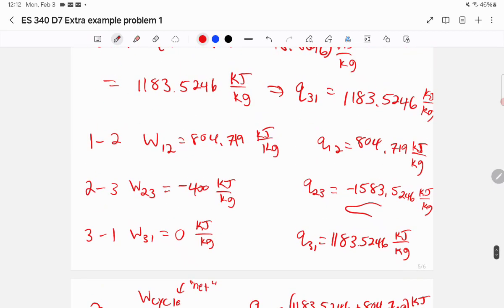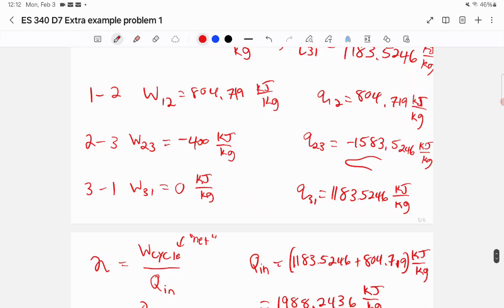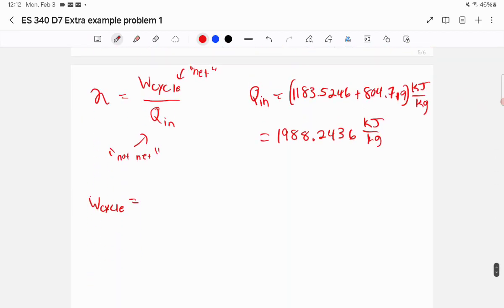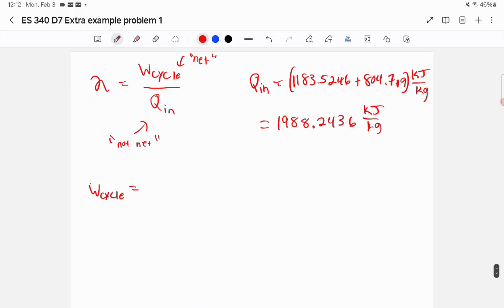And the work of the cycle is all of those added together. And this is obviously specific work. It doesn't matter if it's specific or just regular work, because it ends up being the same thing, as they're both ratioed by the mass. So those things end up canceling out when we divide them out. So we don't care about the fact that it was the specific work.